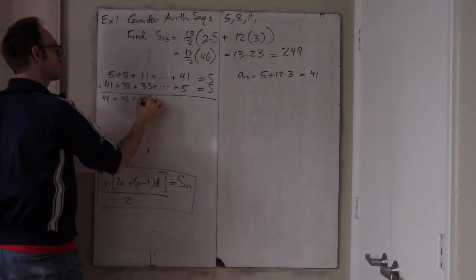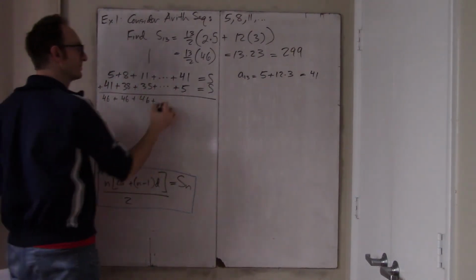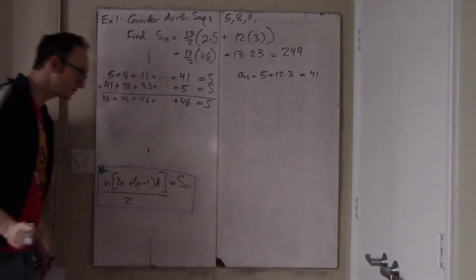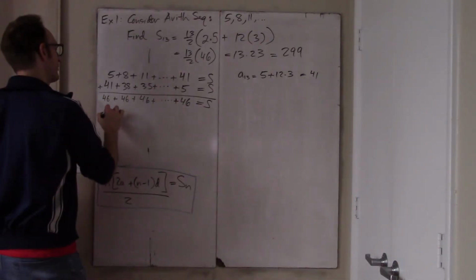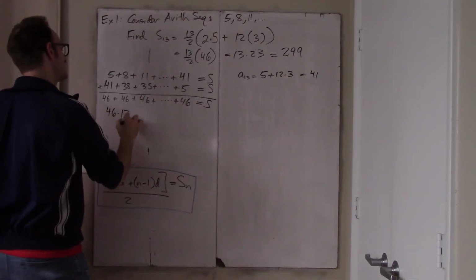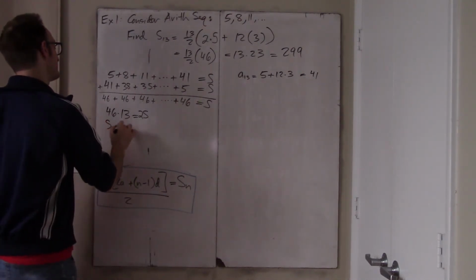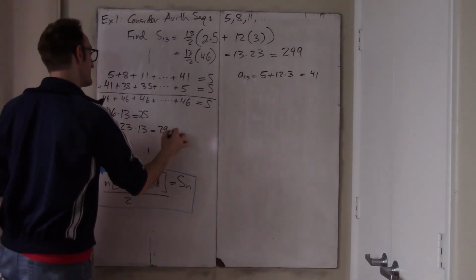Here I get 46 also, and I'm always going to get 46. I'm going up by 3 in the top, down by 3 in the bottom. That's also 46. How many 46s do I have? 13 of them. And so 46 times 13 is going to be twice the thing I want, and therefore the thing I want is 23 times 13. Okay, that was really fast.